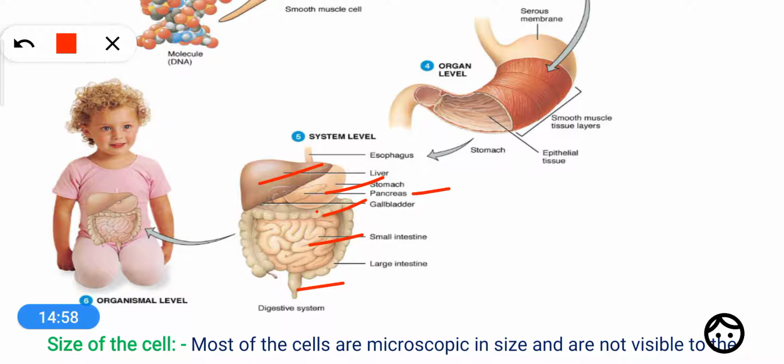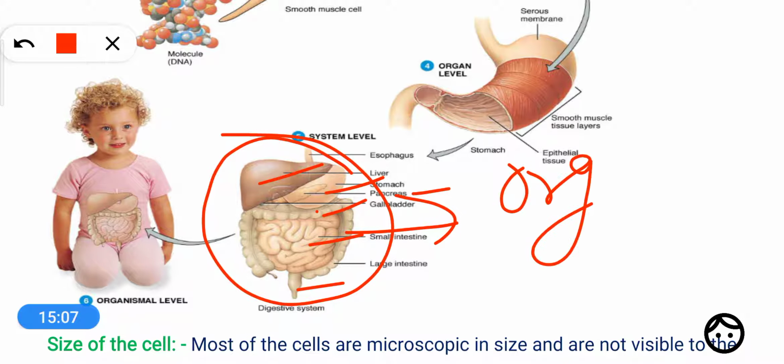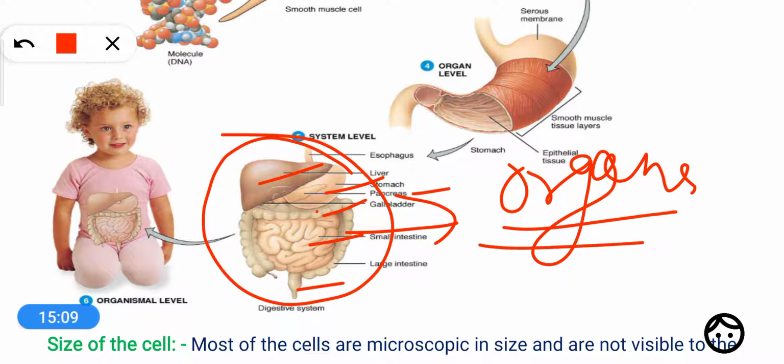So this whole group of organs will be called an organ system. There may be many organs in the body, and there may be many organ systems also. For example, there is the digestive system, the excretory system, the urinogenital system, right? There is the respiratory system, the nervous system, and the endocrine system in the human body, right? So there are multiple groups of organs, every group performing a particular function.